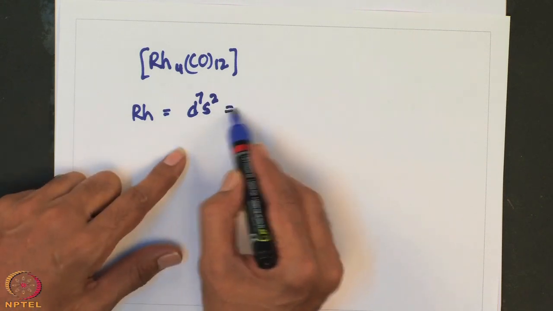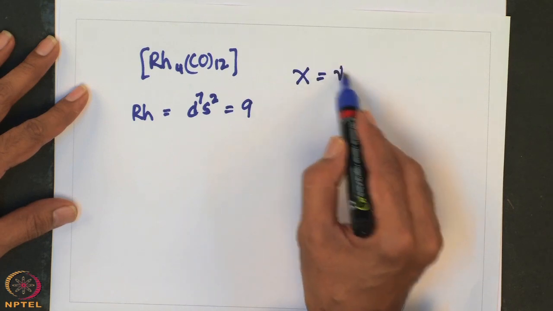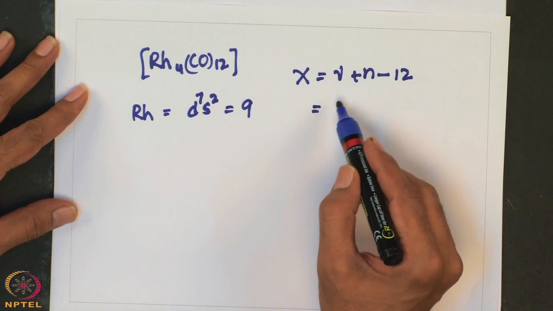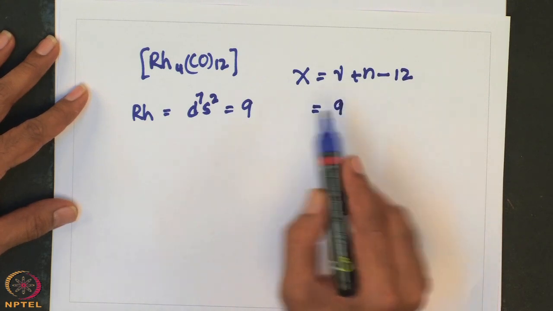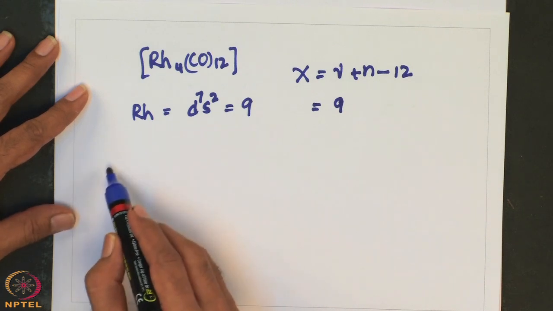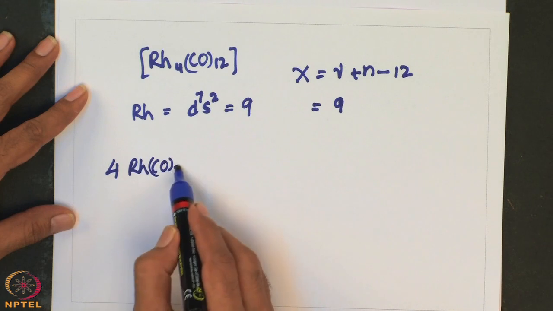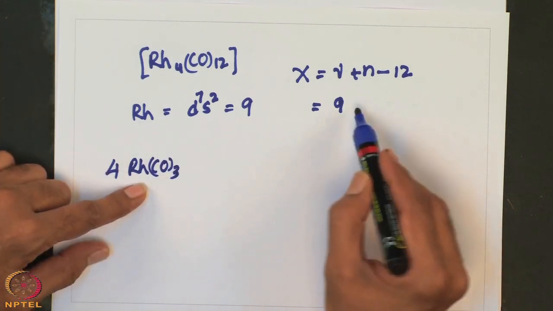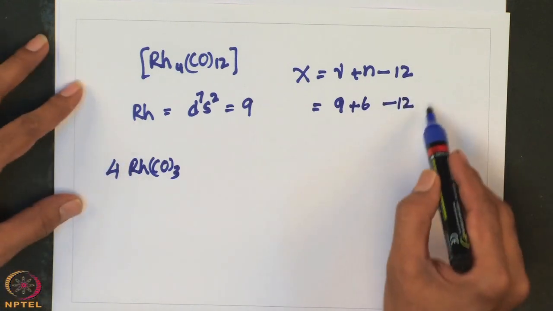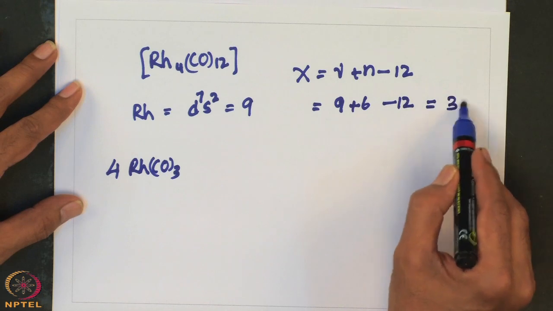So, we have 9 electrons coming. The equation given is x = v + n - 12. So, here essentially what we are getting is 9, and the CO3 unit, we have here 4 Rh(CO)3 units. Each CO is giving 2 electrons, so 6, and minus 12. So, essentially here we have to consider 3 electrons.